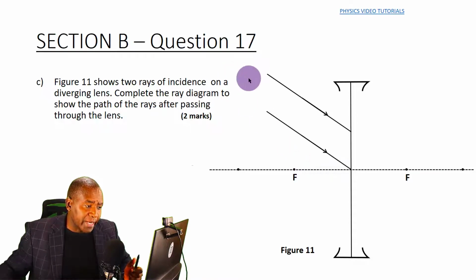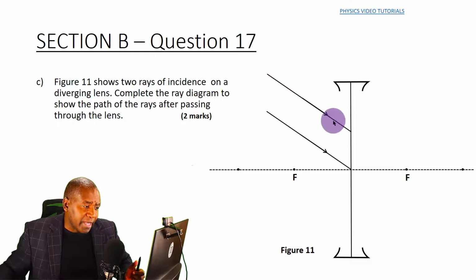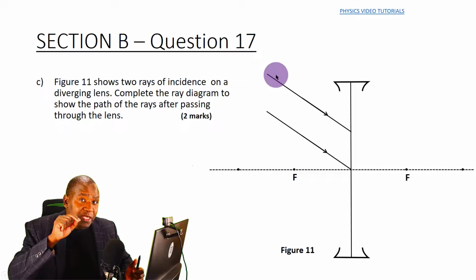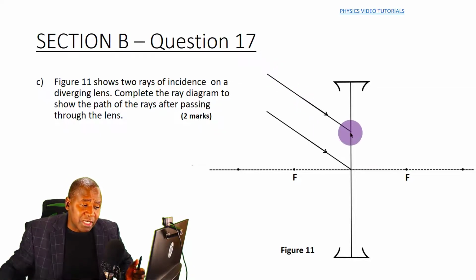And when I looked at that diagram properly, I found that this ray appears to pass through F. It actually does not pass through F. If it was a convex lens, it would pass through F. But for a diverging lens, it appears to pass through F. So what would happen to this ray?